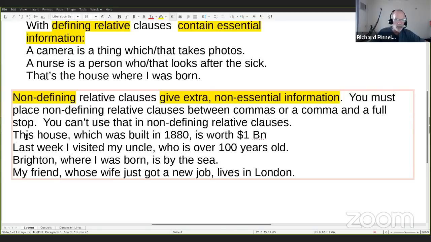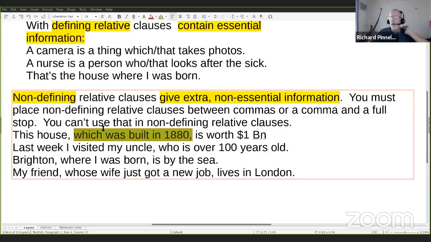So let's look at some examples. This house, which was built in 1880, is worth $1 billion. So this is non-defining because I can actually remove that part there. Let's make it a different color.